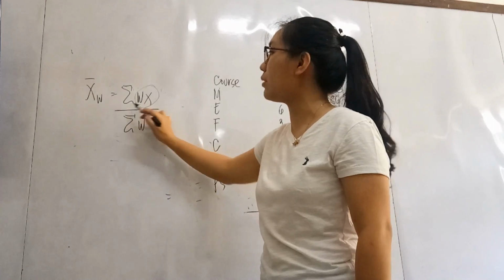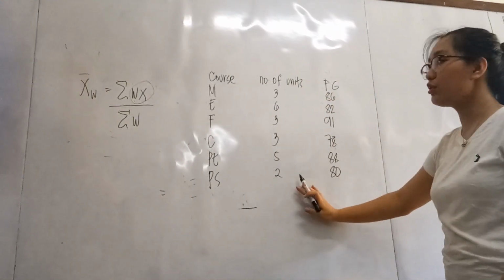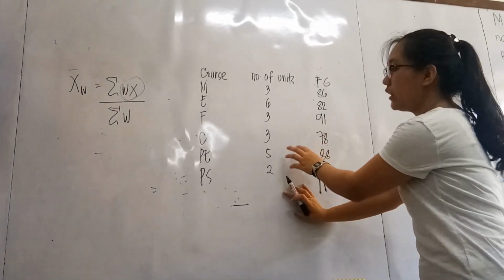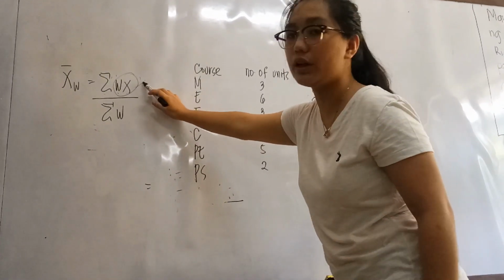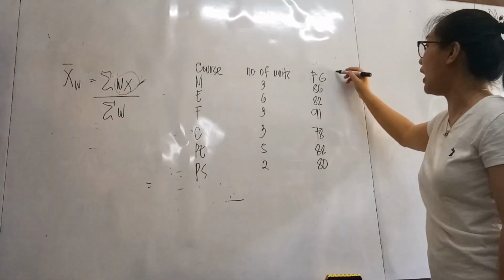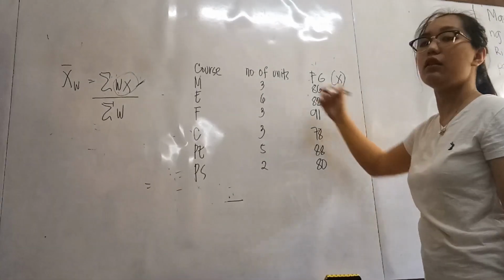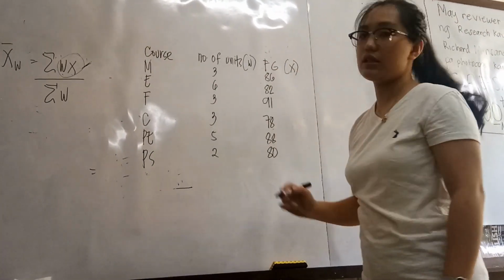How are we going to get the summation of W times X? You should know which one is your W and which one is your X. X is the individual value or the data that you have gathered, so the grades will be our X. And of course, the weight will be the number of units.